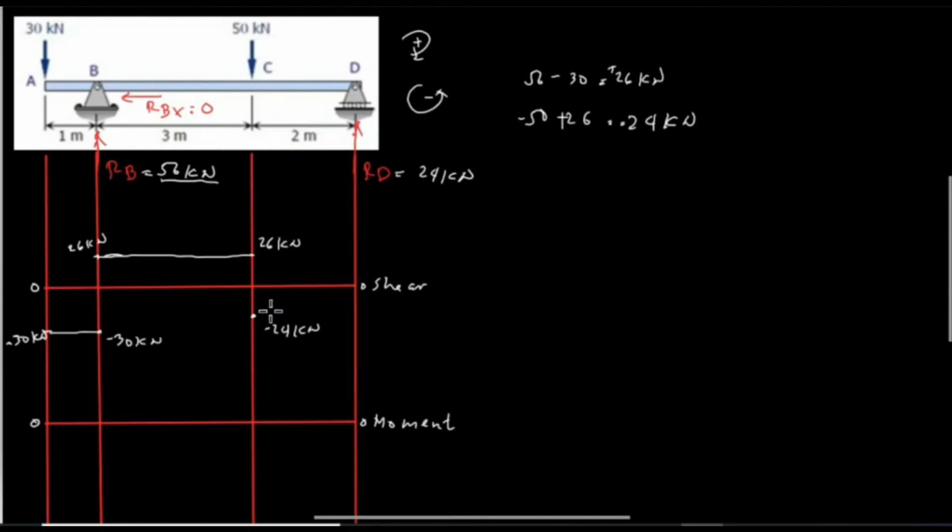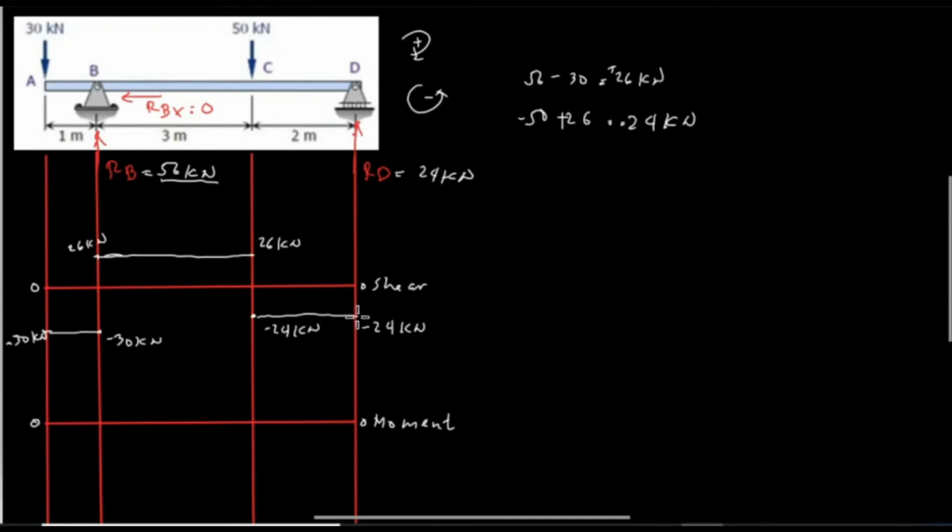The total length of this one is 26 plus 24, which is equal to the force, 50 kilonewton. Then from C to D we don't have a concentrated load, therefore the shear force is the same from point C up to point D, and we draw a straight horizontal line, and this is also negative 24 kilonewton. And then at point D we have a reaction D, which is 24 kilonewton, and it is upward.